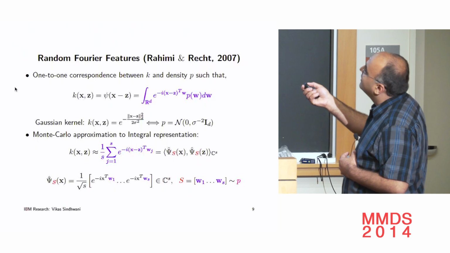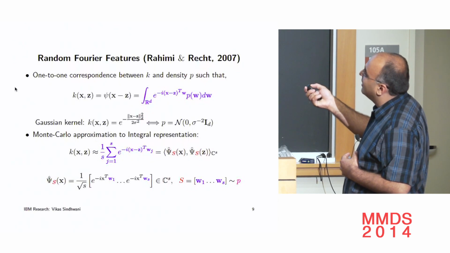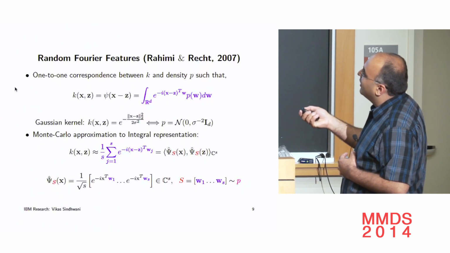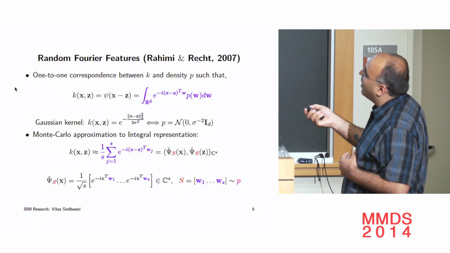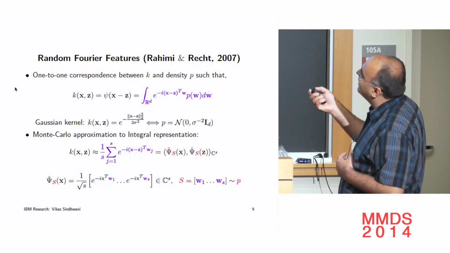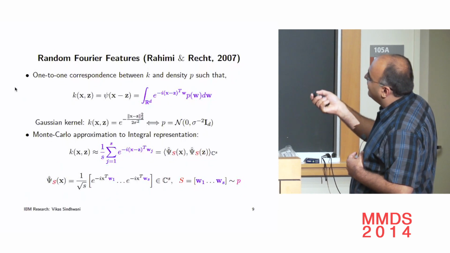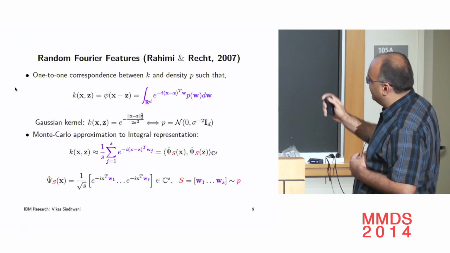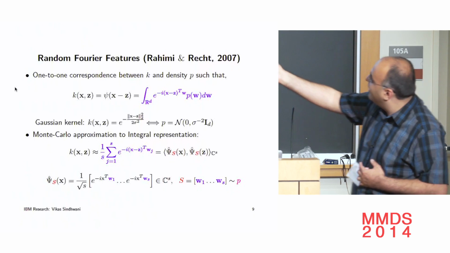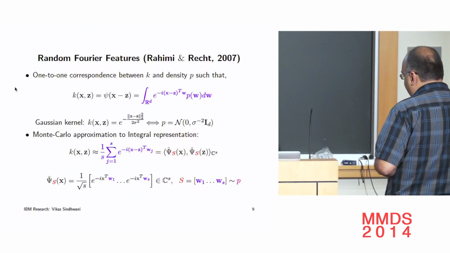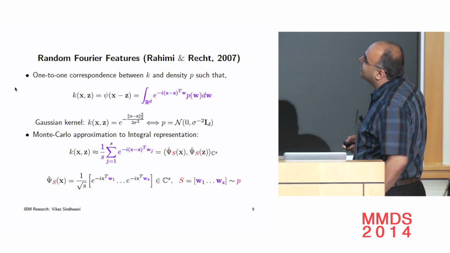And so there is this integral representation of the kernel, and what we're going to do is approximate this. You can think of this as an expectation under P. We'll approximate it by a finite sum, so the empirical average.